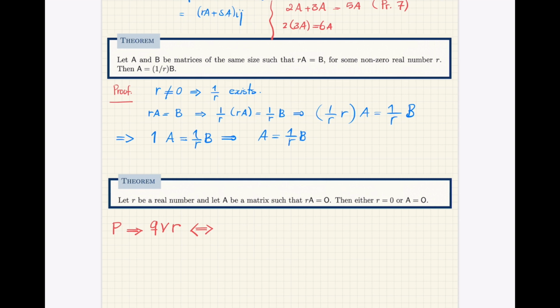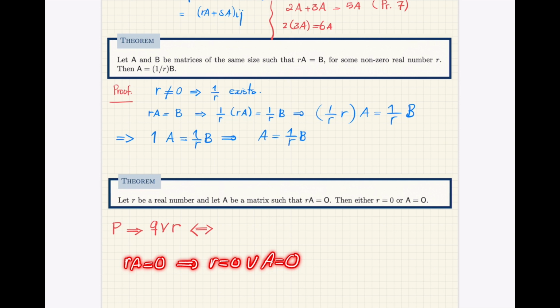No, yeah, a small mistake. Let me repeat. RA is equal to 0. I want to show that this implies that R is equal to 0 or A is equal to 0. I told you that instead of proving this, I say something like this.